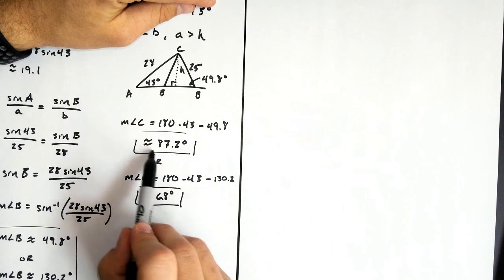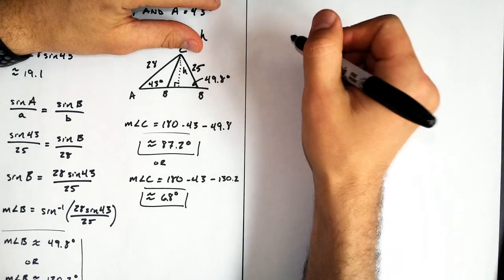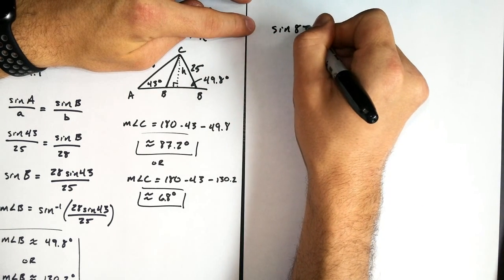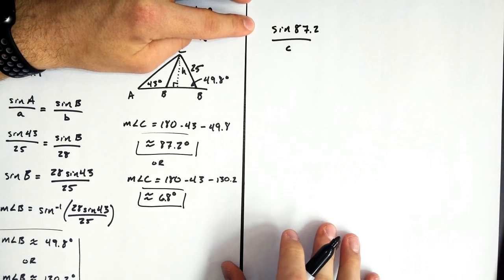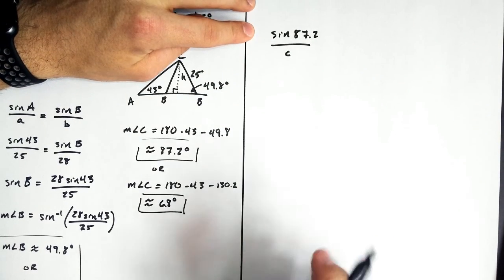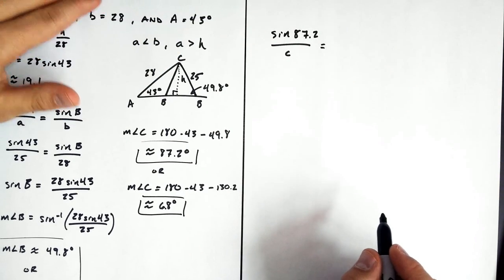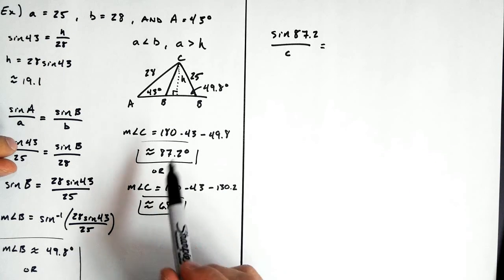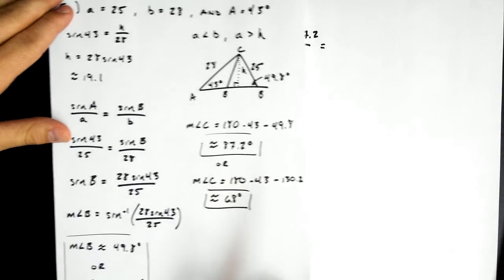Okay, so let's start with the larger angle, 87.2. So we'll do the sine of 87.2 and the side across from that, which we'll call C. And I'm going to set that equal to the sine of another angle on the side across from that. Now, when I'm doing this, I do want to be sure that I'm using my possibilities here.